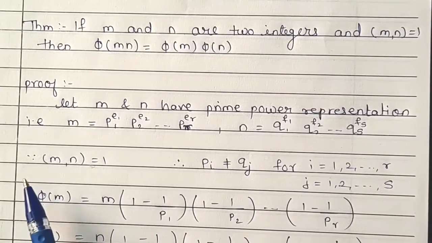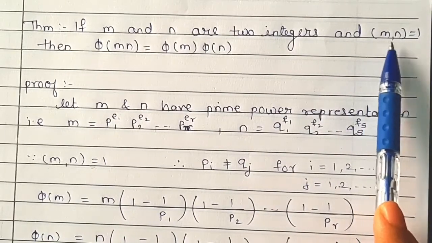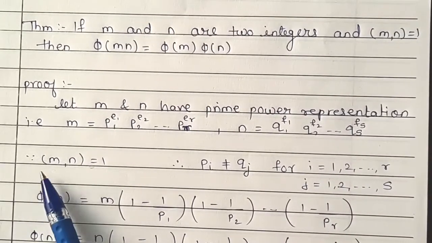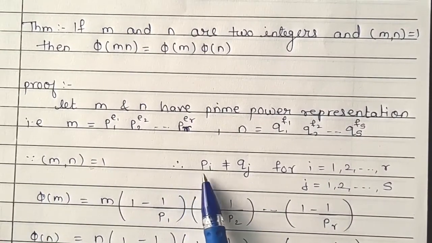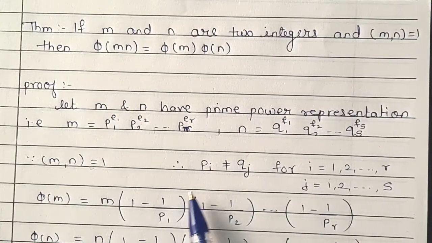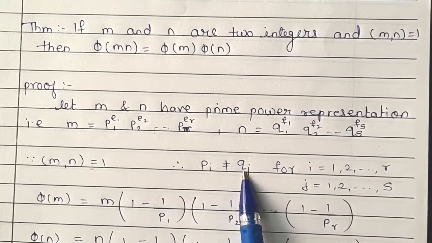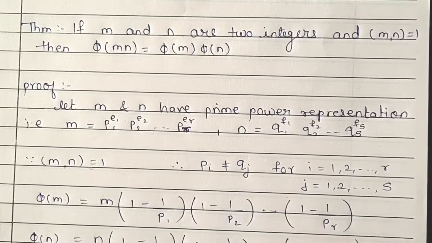But we are given GCD of m and n is equal to 1. So from that we get Pi for i equal to 1 to r is not equal to Qj, where j is 1 to s.